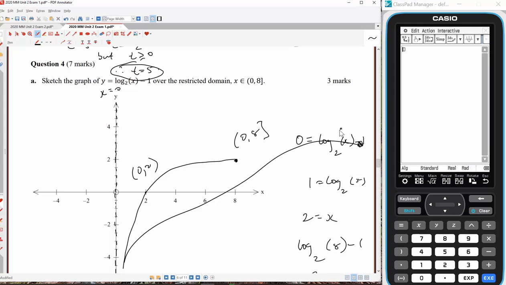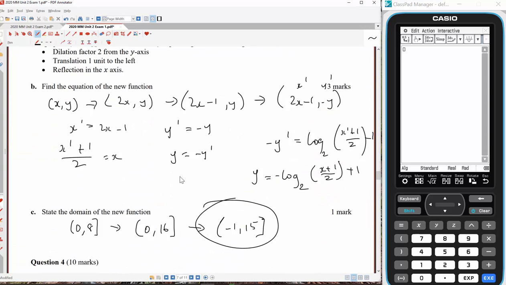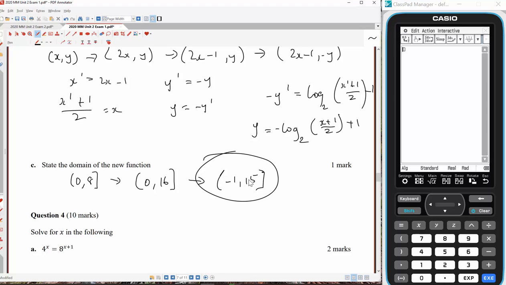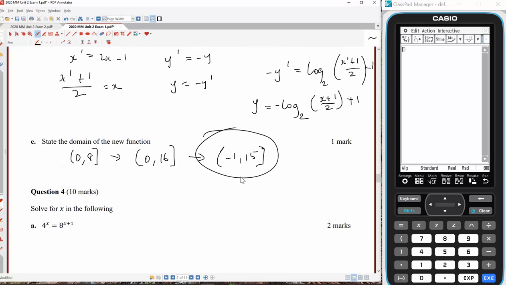Then it shifts 1 to the left, so that point there and that point there, and the asymptote will shift over. And then it reflects in the x-axis. So the graph will look different, but it'll still have exactly the same domain. So our answer there is negative 1, 15.